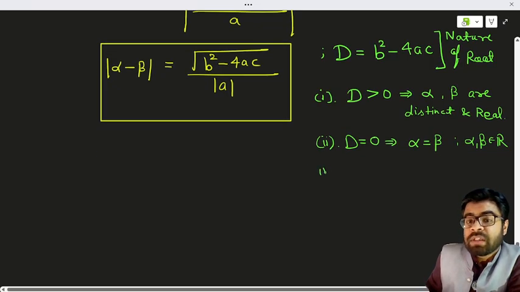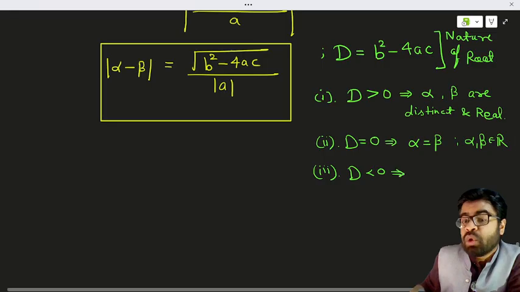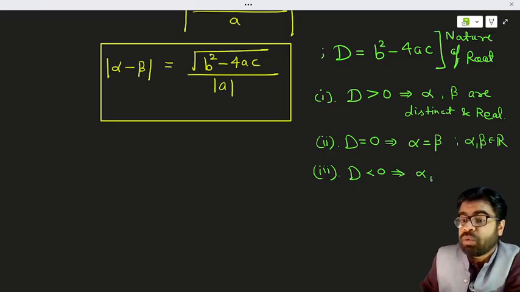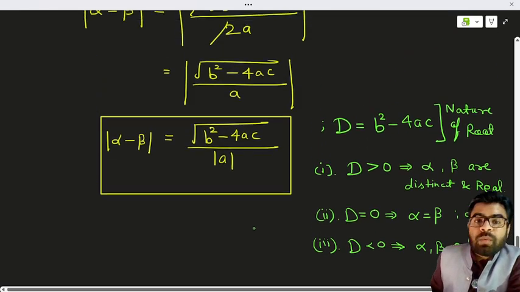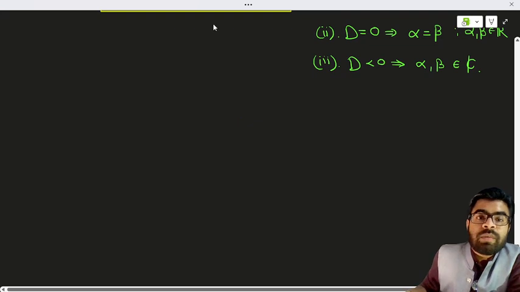And if we have the third case, the discriminant negative, then in this case no real value exists, meaning whatever alpha, beta we get will be complex numbers, they are not real.